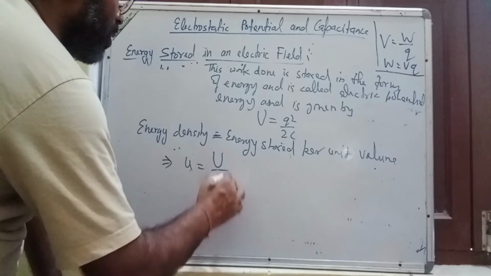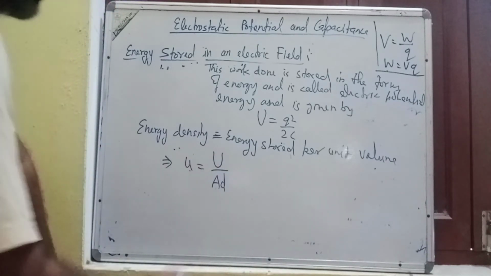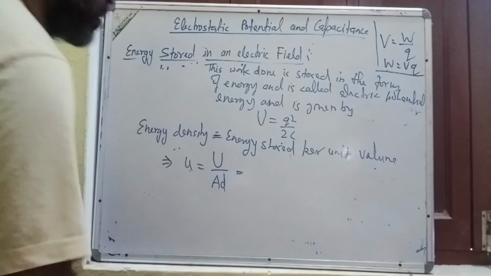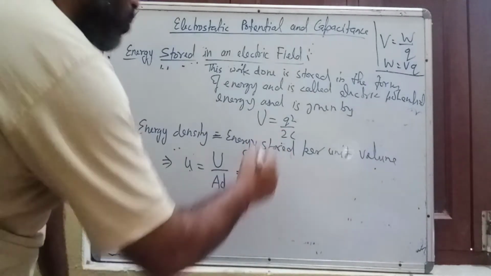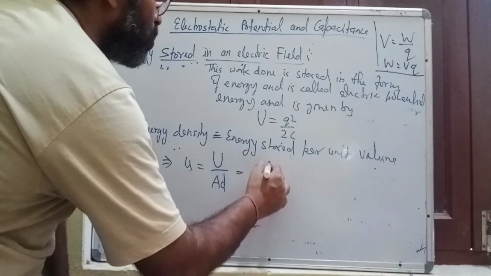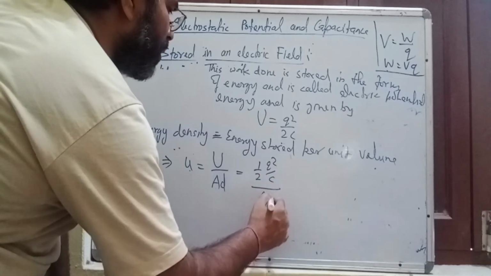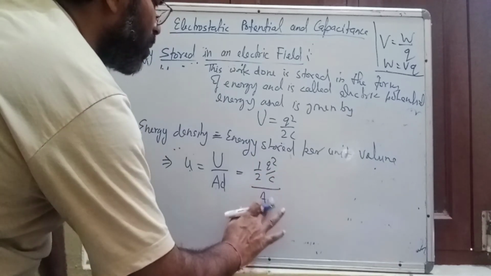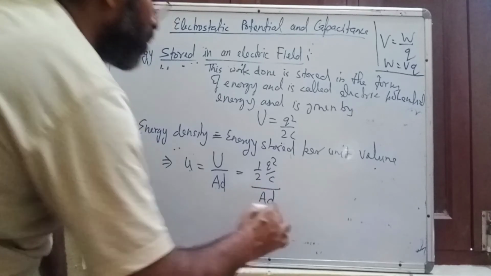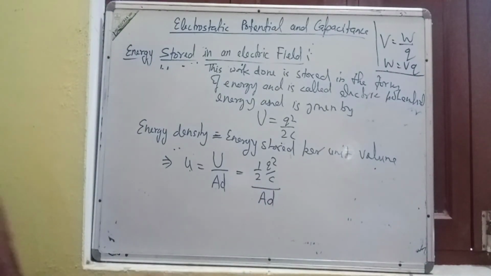Then substituting the value, 1 by 2 Q squared upon C, upon Ad. Now solve this, you can get the result.